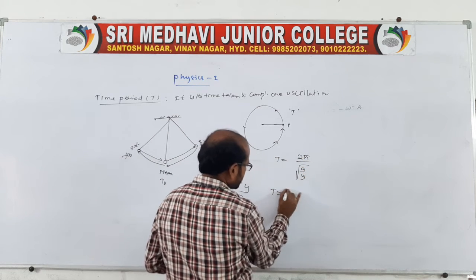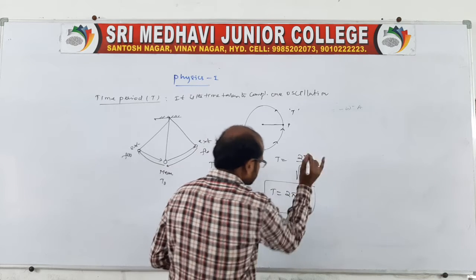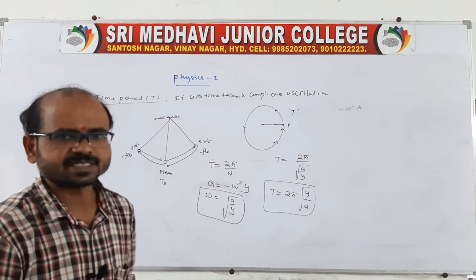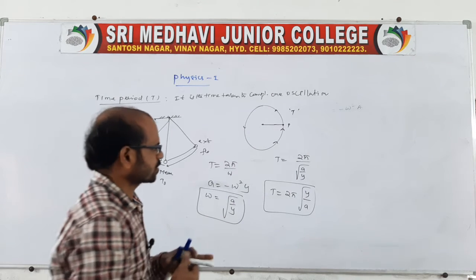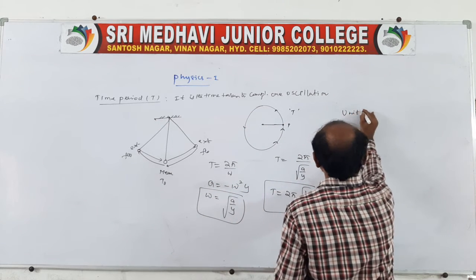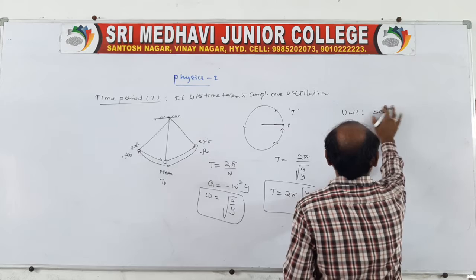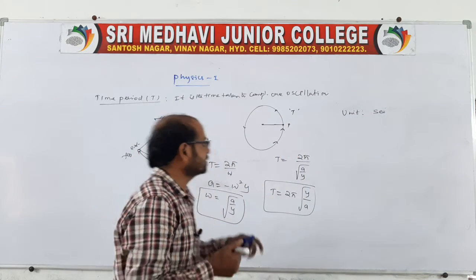So time period is equal to 2 pi into root over y by a. It is the expression related to time period, the time taken to complete one vibration or one rotation. Unit is second. Clear?